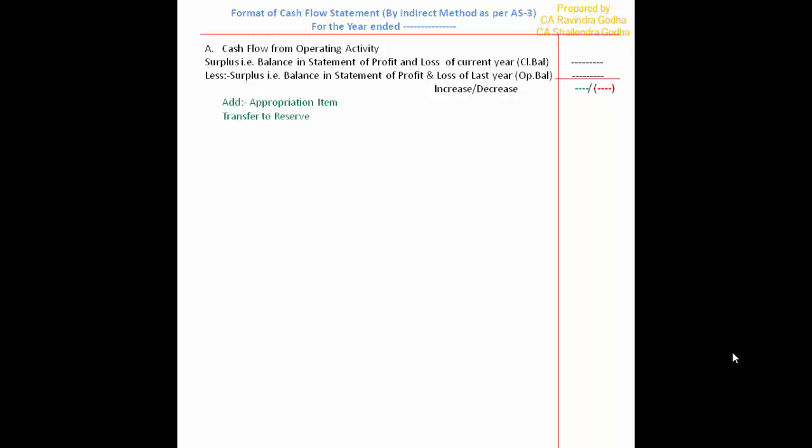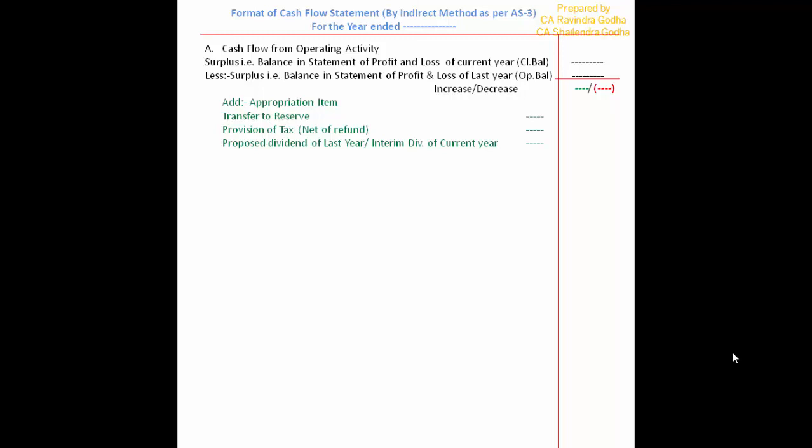Appropriation items are transfer to reserve and provision for tax, net of refund. Net of refund means what? You deduct the refund of tax from the provision for tax and the net value is written here. Then proposed dividend of last year paid in the current year.